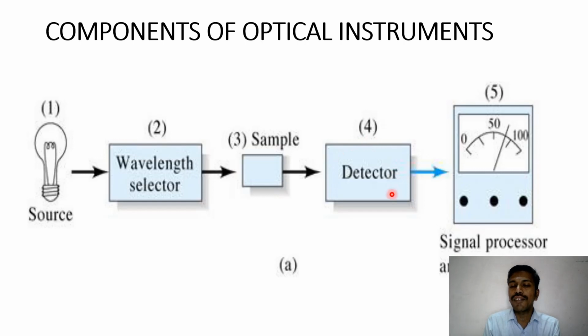Here the detector will convert the light signal from the sample into an electrical signal. You can use any photo detectors which convert the light signal into an electrical signal, like a photodiode, phototransistor, or photomultiplier tube.